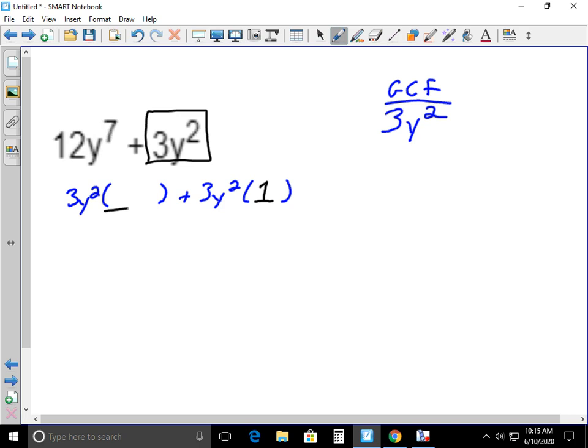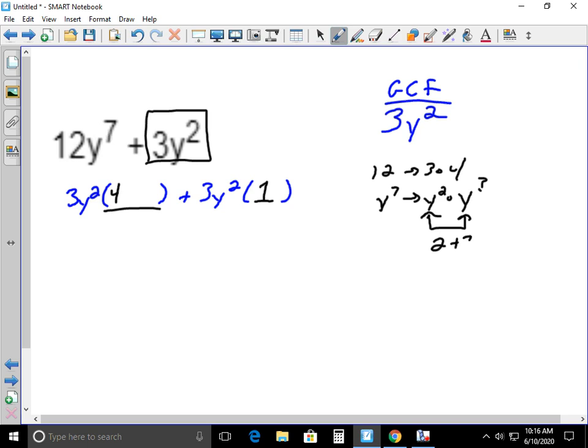Now, what times 3y squared makes 12y to the 7th? Well, 12 is 3 times 4. y to the 7th is y squared times how many y's? When we multiply those together, what do we do with the exponents? We add them.